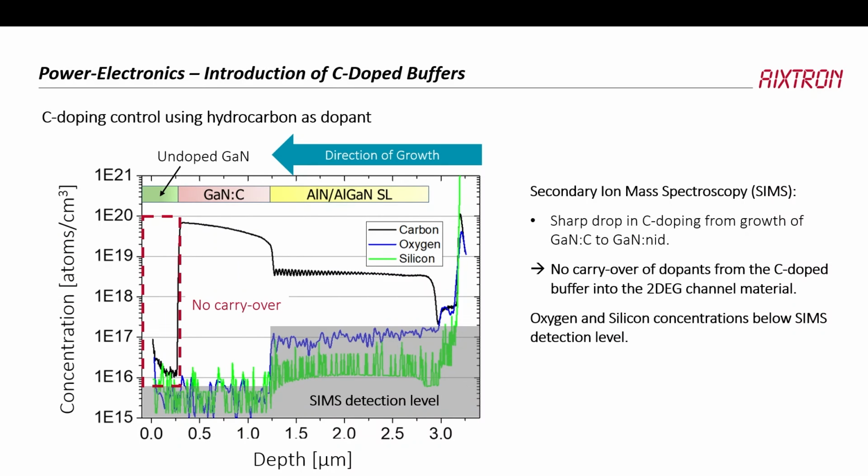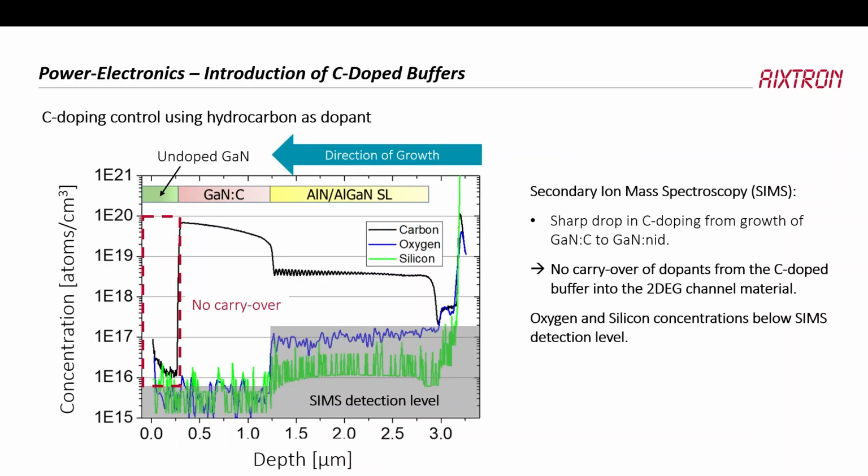And this is an example of such a layer that was grown by us. So this is the SIMS detection level, and what's important here is obviously that you don't carry all the carbon into the active layers, because otherwise you would be doping the active layers, which you don't want. So here the doping was almost up to 10 to the 20, and then the doping was switched off, and we were able to actually go down to the detection level.